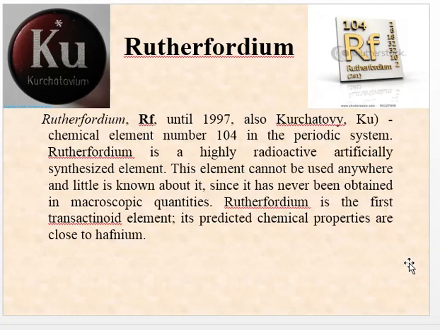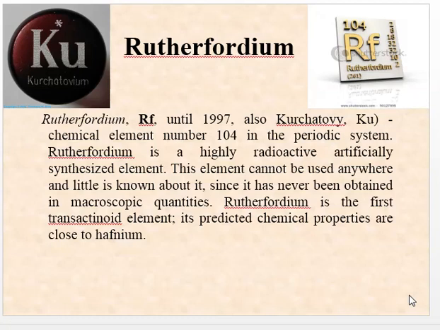And the last element of this group, rutherfordium. Rutherfordium, until 1997 also called Kurchatovium, is chemical element number 104 in the periodic system. Rutherfordium is a highly radioactive, artificially synthesized element.